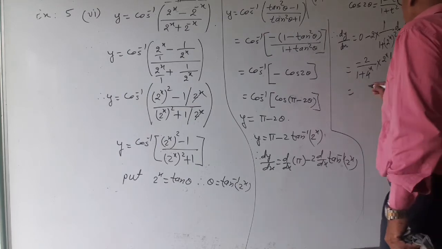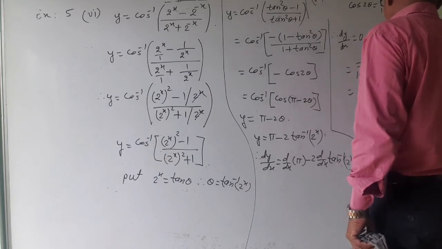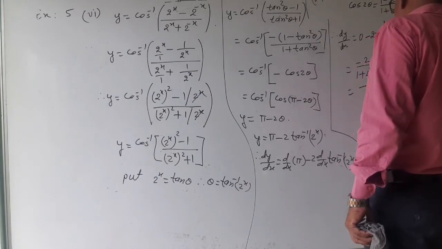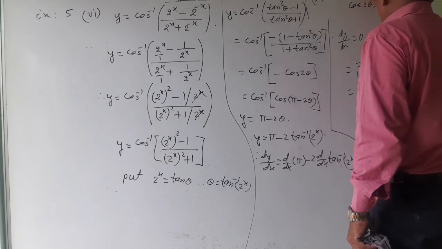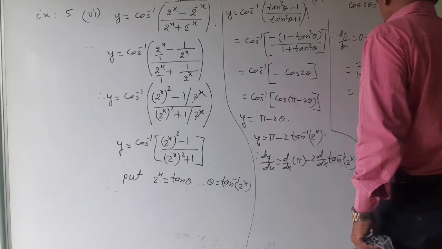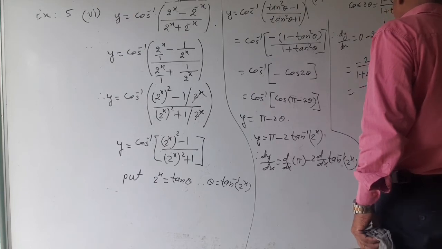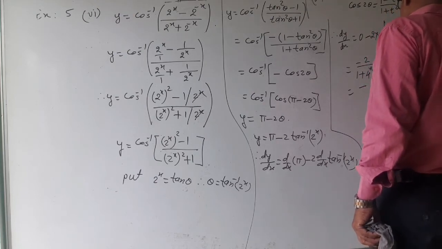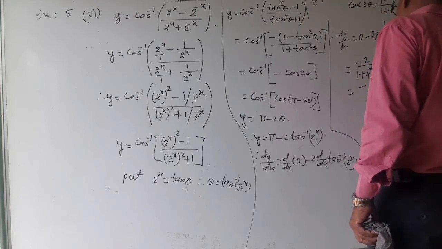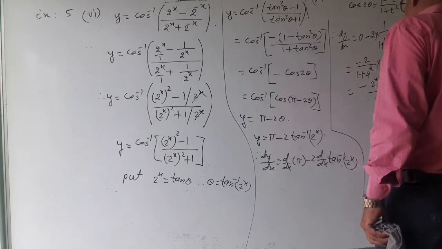That is equal to minus, here it is the multiplication, 2 raised to 1 into 2 raised to x is nothing but 2 raised to x plus 1, multiplication means addition of the indices, into log of 2 upon 1 plus 4 raised to x.